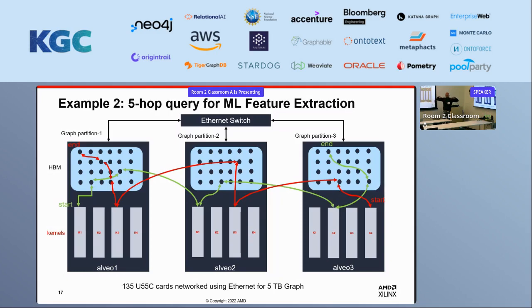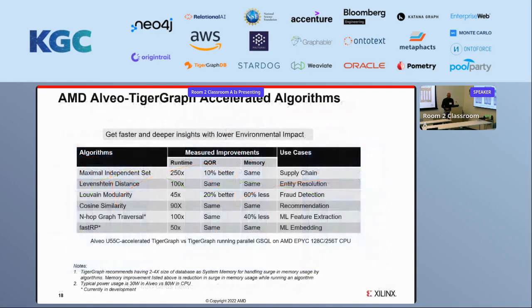And ultimately, everything aggregates on each card, that's uploaded to the CPU, and the result is presented in TigerGraph. Sorry, this bank is using TigerGraph. Yes, this bank is using TigerGraph, and they're saving tens of billions of dollars because they're avoiding synthetic identity fraud.